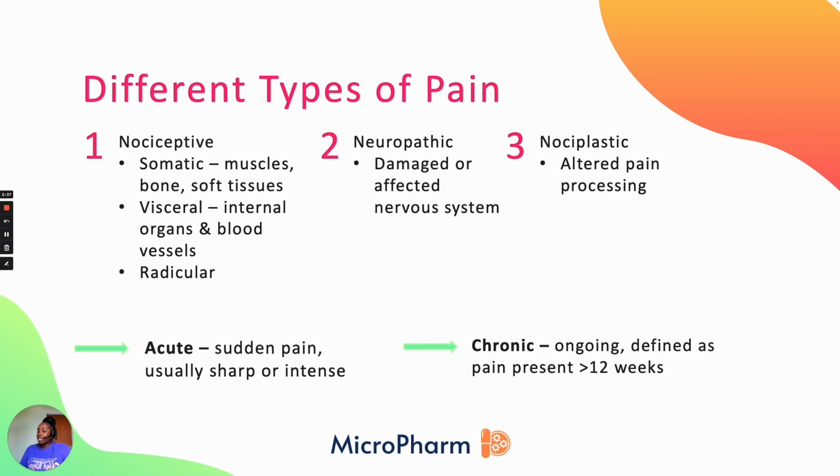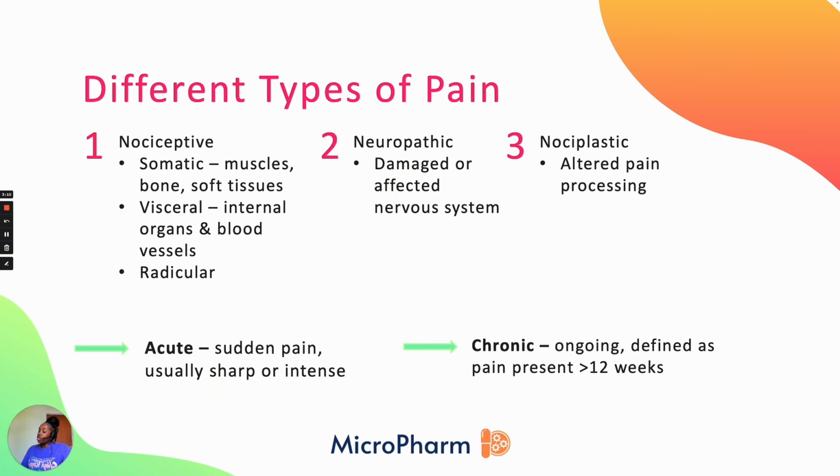Radicular pain is a type of pain that radiates from the back and hips into the legs through the spine, and it's usually due to a compressed or inflamed spinal nerve. And then this type of pain can vary in how it feels depending on the cause. So it can be sharp, aching, or throbbing. And examples of this type of pain would be things like the pain you get when stubbing your toe, or abdominal pain associated with hepatic impairment.